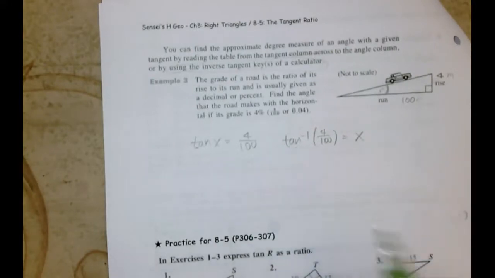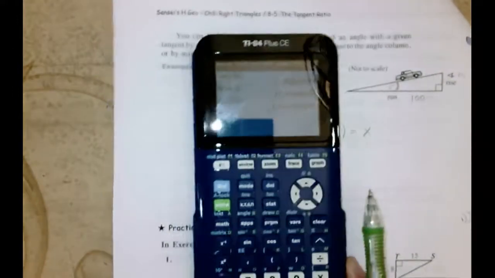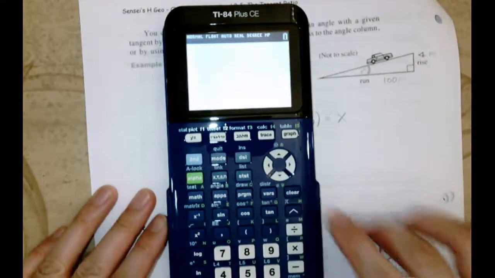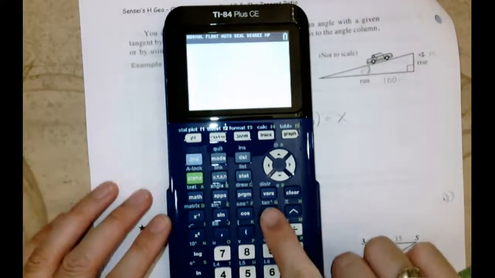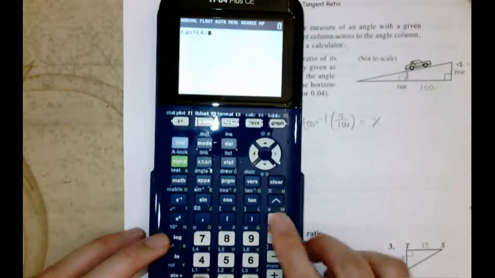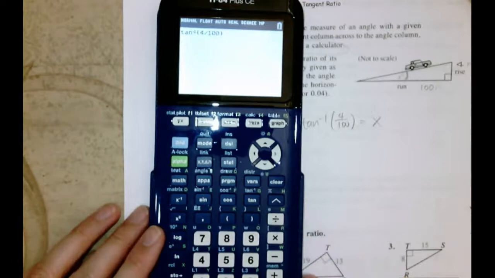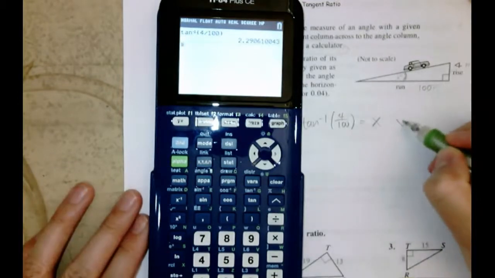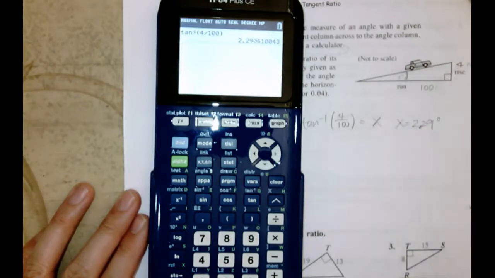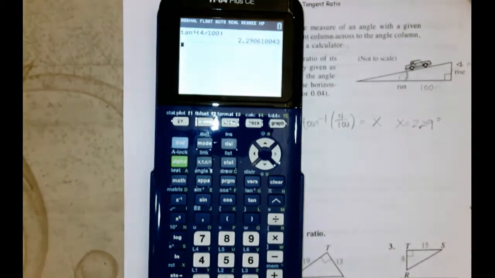On the calculator: clear, second, tangent, that's tangent inverse, and 4 divided by 100, enter, and you get 2.29. So x equals 2.29. That's the degree of the grade, not 4%. So you have to use tangent inverse for that.